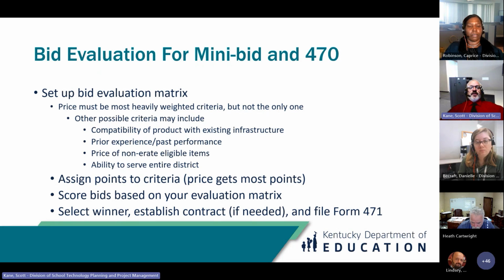So this applies to both mini bids and Form 470, and I know that we talked about this a little bit last week, but it's also worth a brief reiteration: you'll need to set up a bid evaluation matrix. Basically, you're going to list your criteria down the left-hand column and the names of the vendors across the top row, and then you have a number of points that are possible in the column next to your criteria.